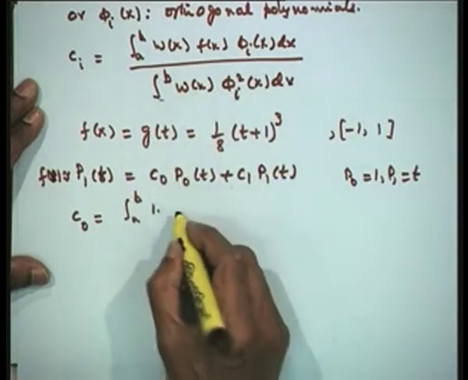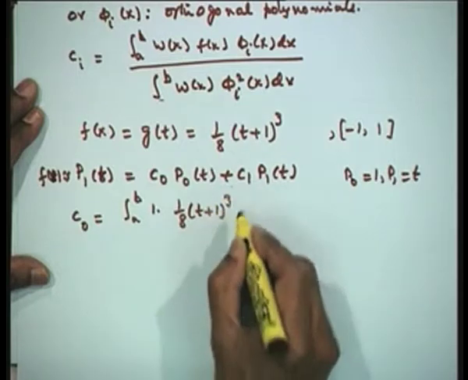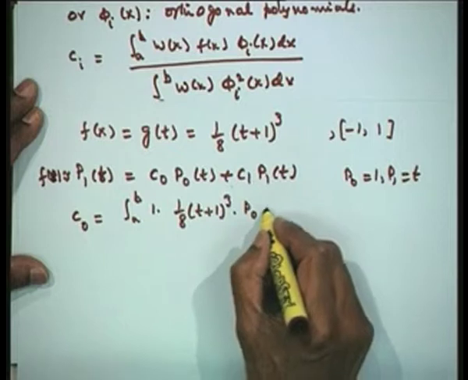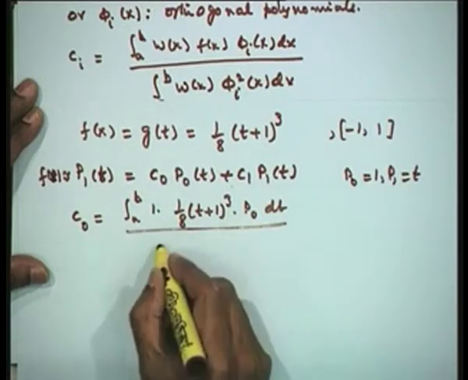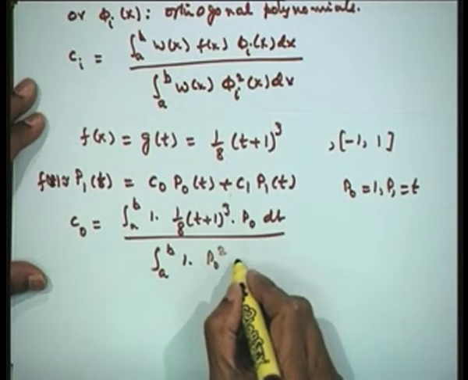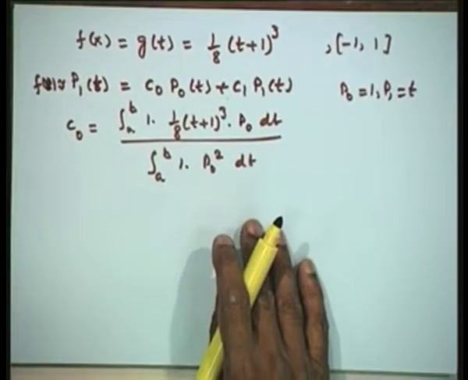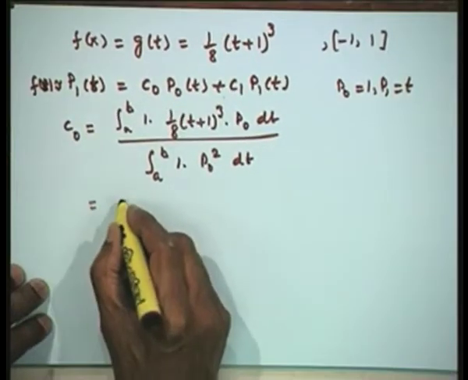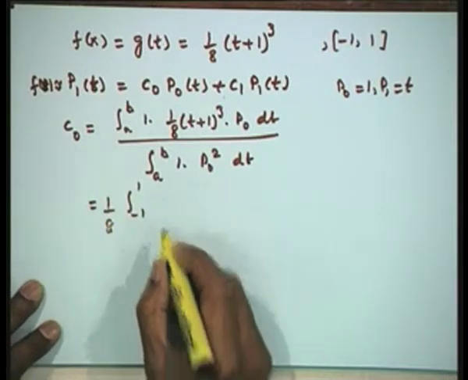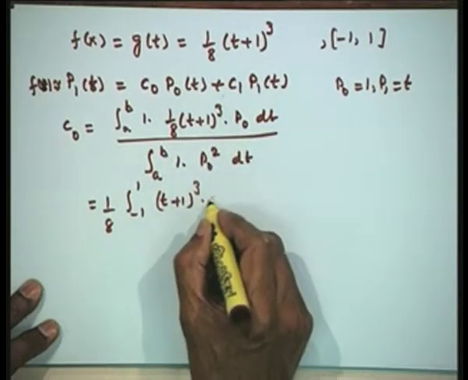So, w(x) is 1, f(x) is equal to 1 upon 8 (t plus 1) whole cubed, phi0 is p0, dt, divided by the integral a to b of 1 times p0 squared dt. Let us now translate it correctly as minus 1 to 1, 1 upon 8 can be written outside, (t plus 1) whole cubed, p0 is 1.